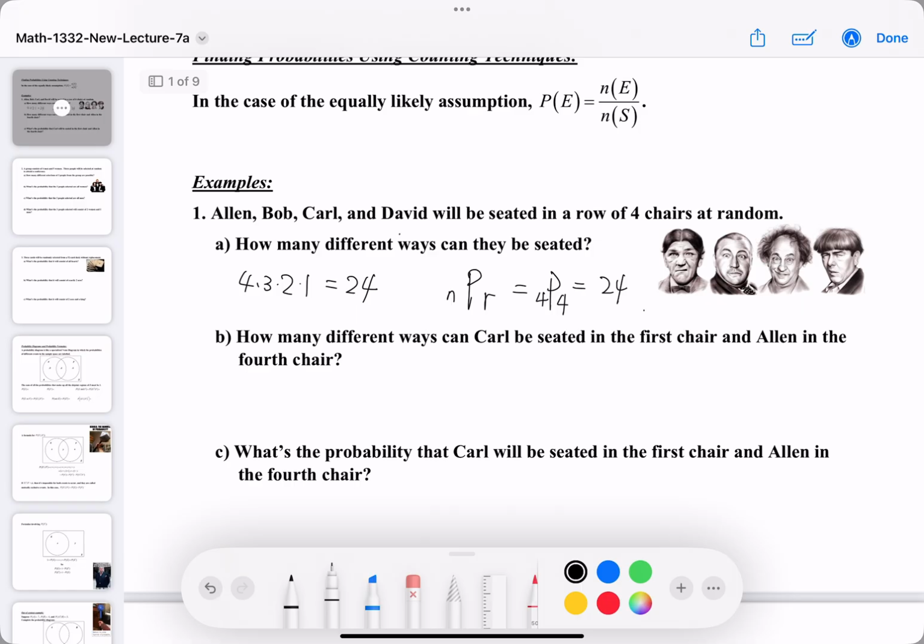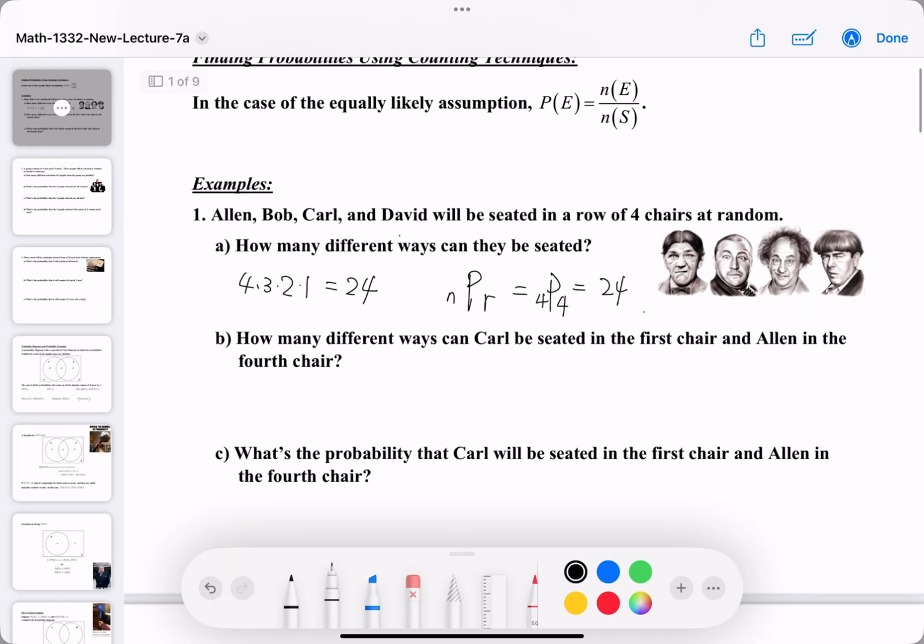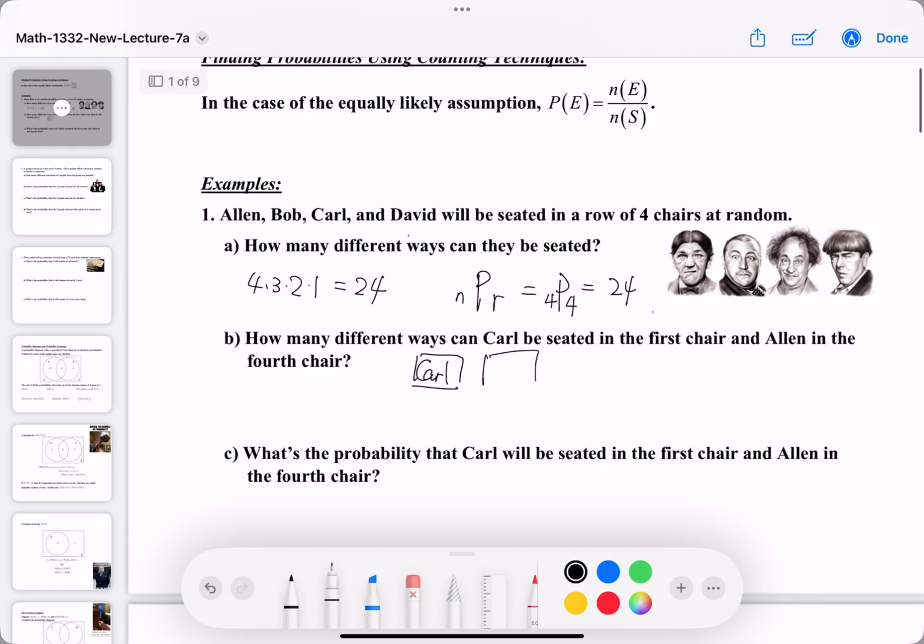How many different ways can Carl be seated in the first chair and Alan in the fourth chair? I have 4 chairs. The first chair is Carl, in the middle I have another 2 chairs, and the last chair is Alan. These 2 people are already seated.